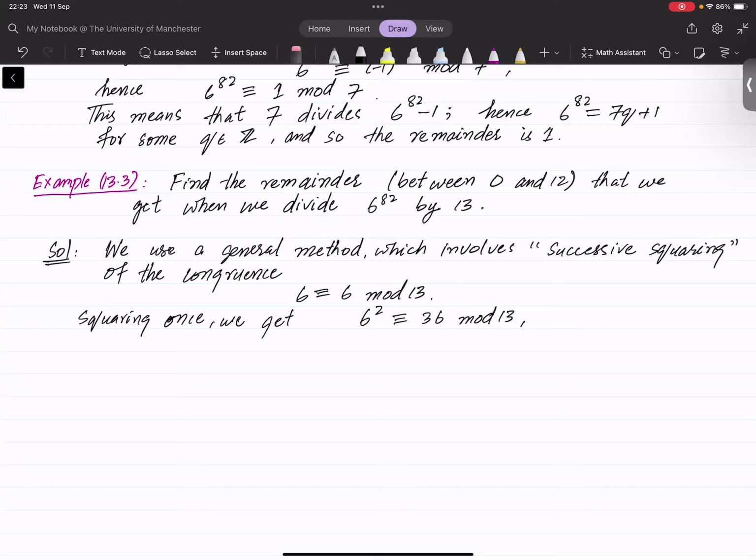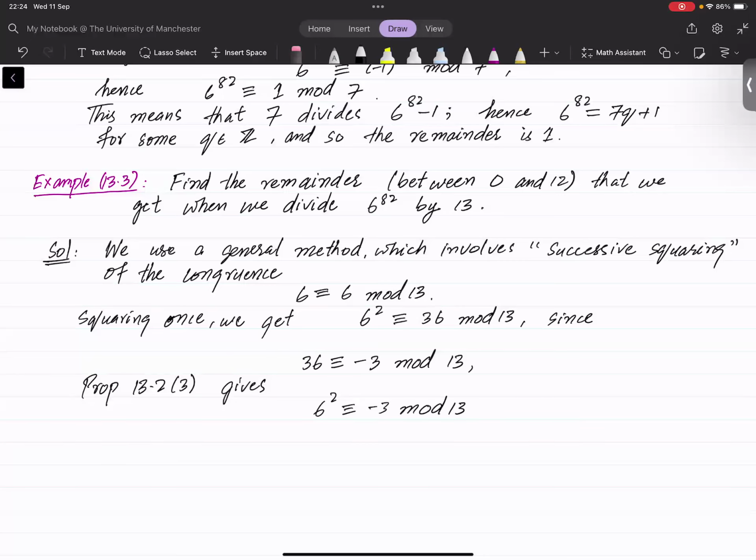Now since 36 is congruent to minus 3 mod 13, then proposition 13.3 gives 6 squared is congruent to minus 3 mod 13.